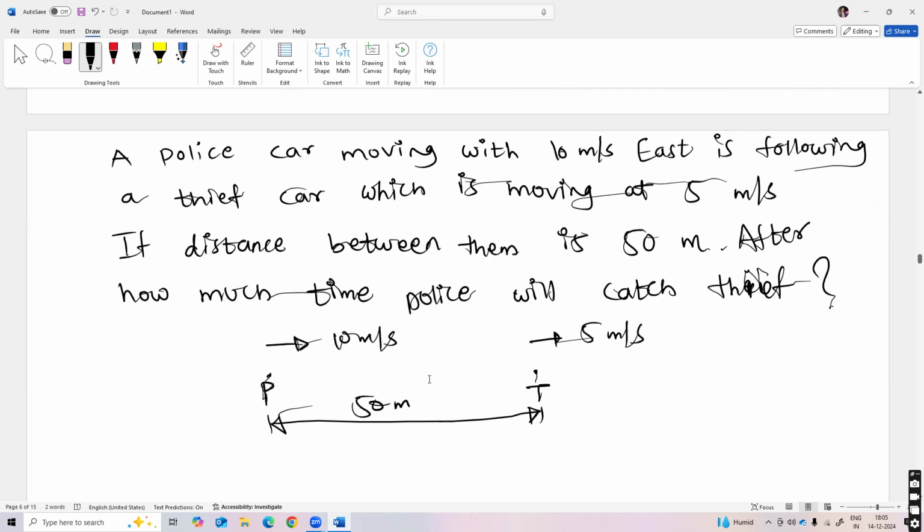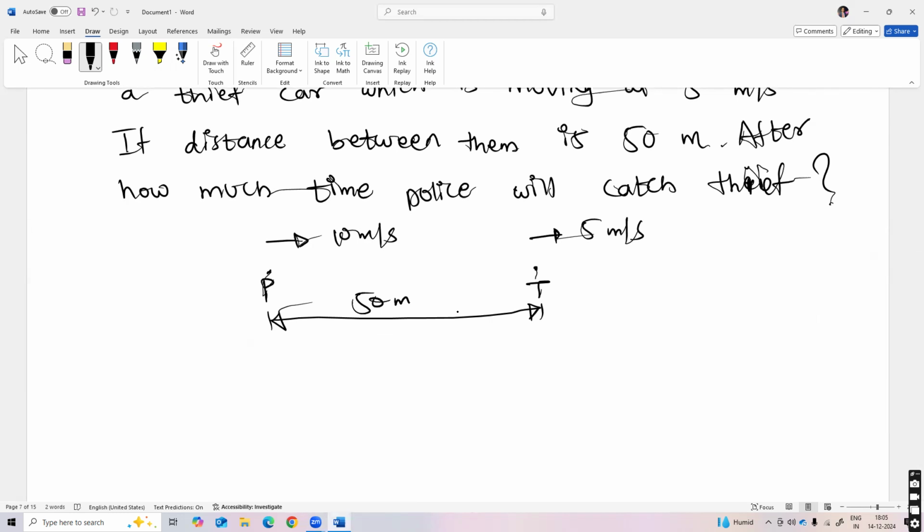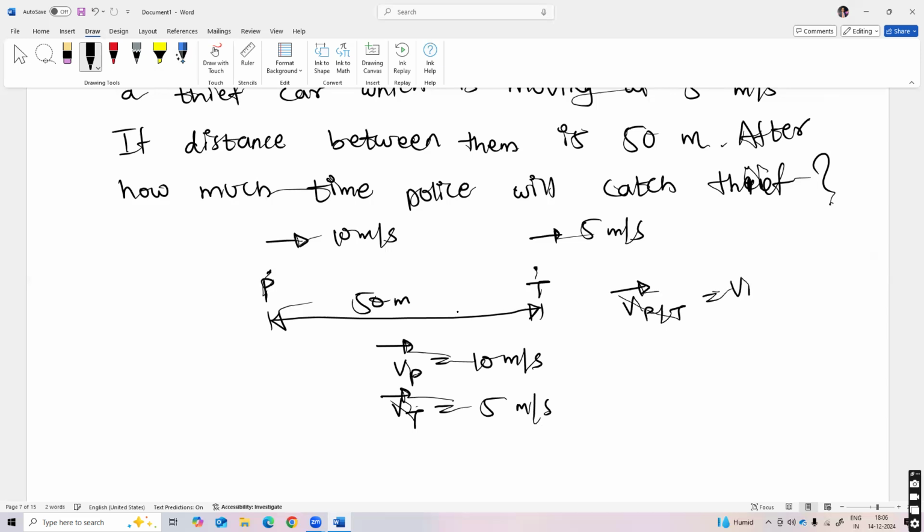Okay. So if we see the relative velocity method, we know that the velocity of P, that is police, is 10 meter per second, and the velocity of thief Vt is equal to 5 meter per second. So the relative velocity of police with respect to thief, that is Vpt, is given as Vp minus Vt, equal to 10 minus 5, which is 5 meter per second.